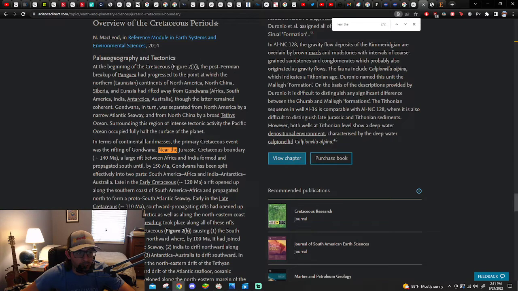Primary Cretaceous event was the rifting of Gondwana. Near the Jurassic Cretaceous boundary, a large rift between Africa and India formed from Dwarka and propagated south until, by 150 million years, Gondwana has been split effectively into two parts: South America, Africa, and India, Antarctica, Australia.